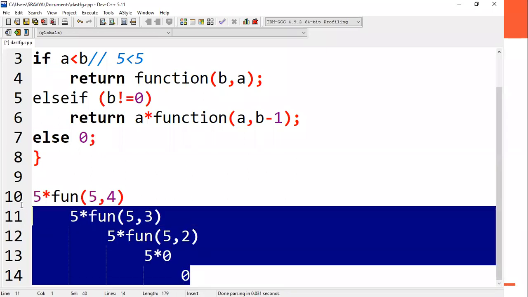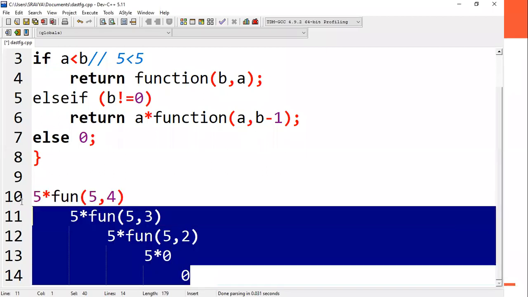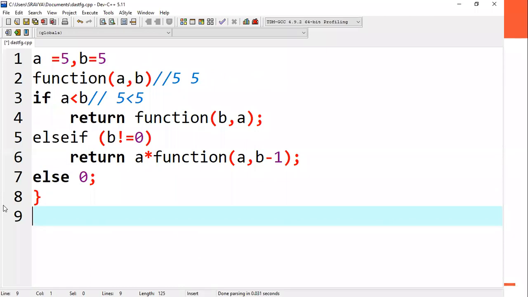Everything is 0, so the answer is 0. Oh, you don't have that option in the answer. I think that is not multiplication, it should be plus, then you will get some answer. Did you get the answer 0? Option wrong, I think in the place of multiplication there should be plus. If you have got 0, no problem, don't worry. 0 is the answer for this.